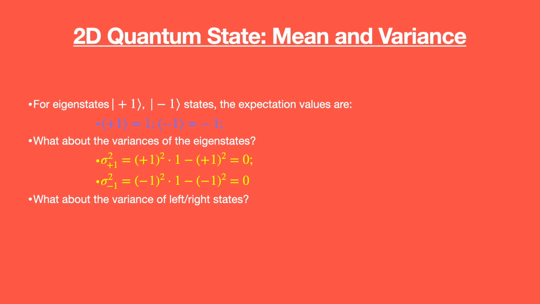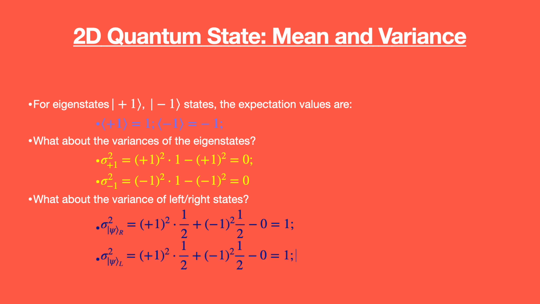But here is the interesting part. If you were to do this calculation again for states which were initially pointing along the right direction, the positive x-axis, or the negative x-axis, we will find that the variance is 1, so it's no longer 0. And this tells us that somehow these states have an uncertainty with regards to the outcome that we'll expect to see.